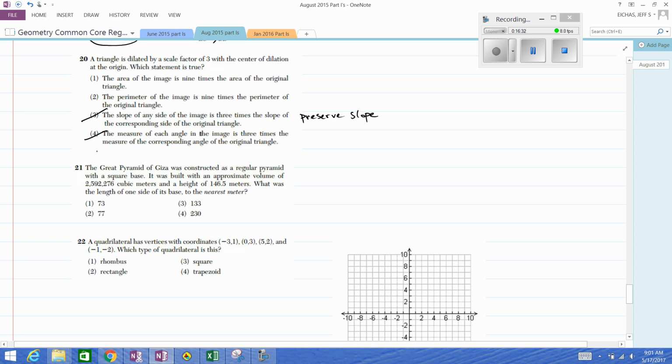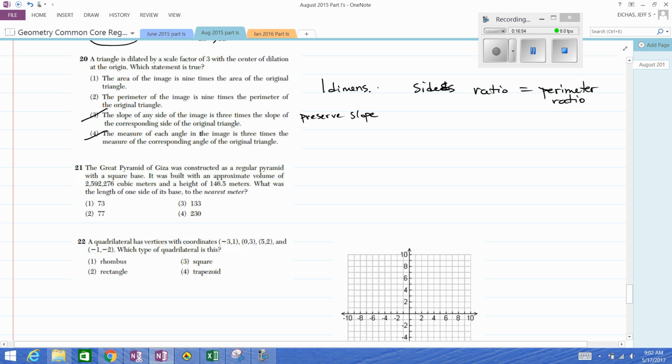All right, what they're looking to teach you here is the ratio of the sides. The ratio of the sides is equal to the perimeter ratio because they're all one-dimensional measurements.